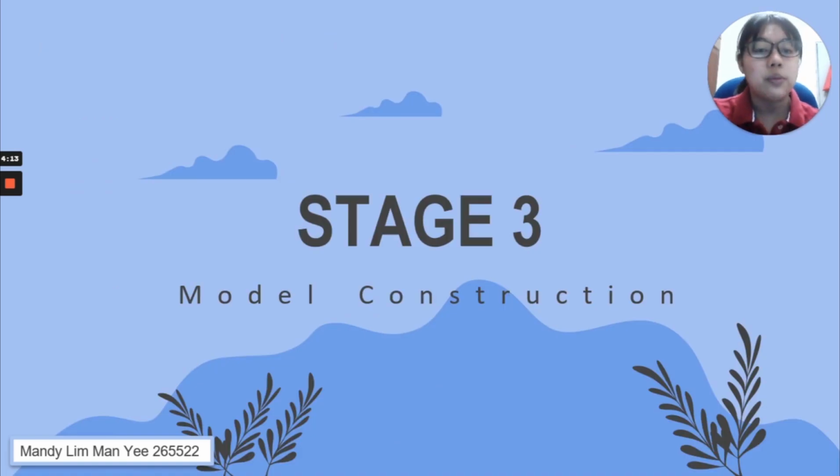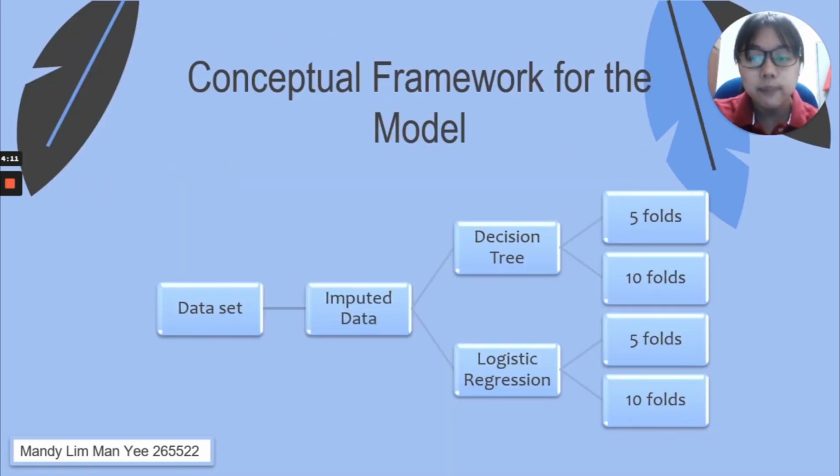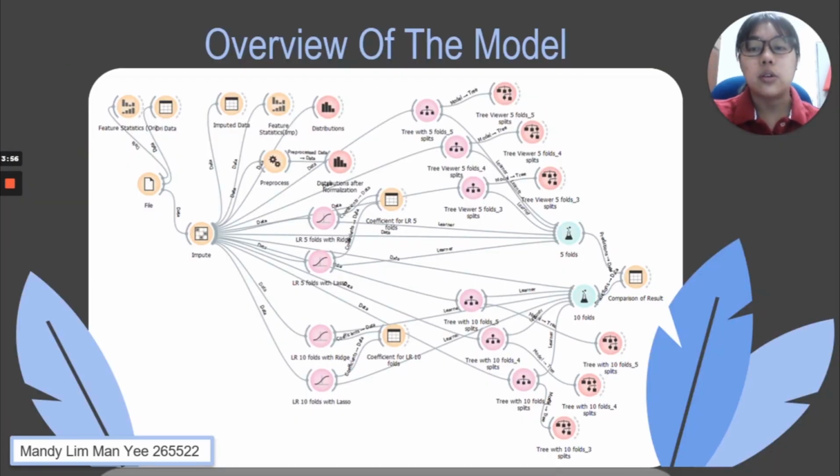Stage 3 is model construction. This is the conceptual framework for the model, in which we input the data set, and we have decision tree and also logistic regression with 5-fold and 10-fold cross-validation in this model. This is the overview of the model.